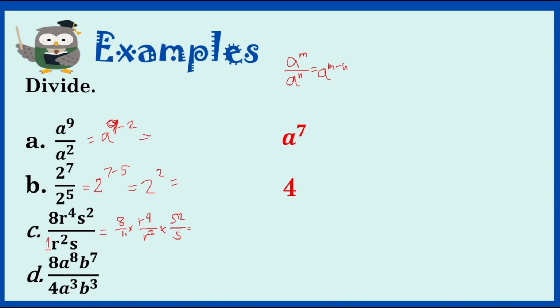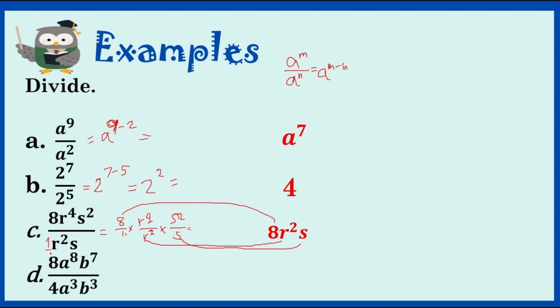And then r raised to 4 divided with r squared, ma-minus mo lang to. 4 minus 2, that is r squared. And then s squared divide s, that is s. Kaya nakuha natin tong 8, r raised to 4 divide r squared, kaya nakuha ang r squared. Tapos, nakuha din natin ang s. Okay? Ganun lang. Sana naintindihan mo.